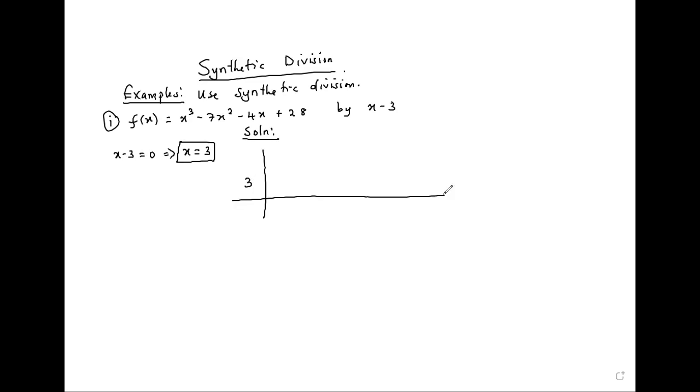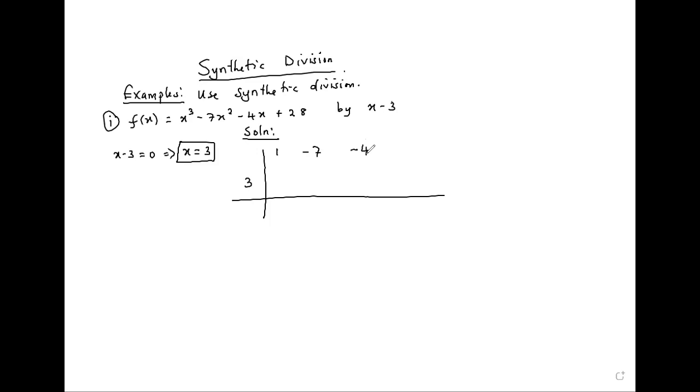Then go to the dividend now, and get only the coefficients of the variables in descending order. So you start with the highest. X power 3, the coefficient is 1. X power 2, the coefficient is negative 7. X, it's negative 4.